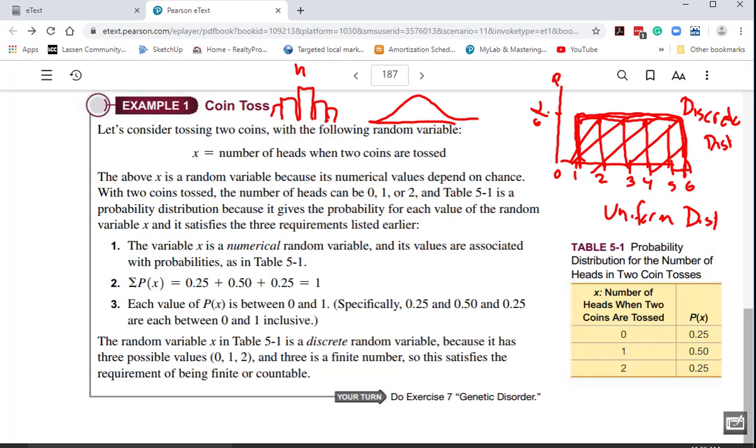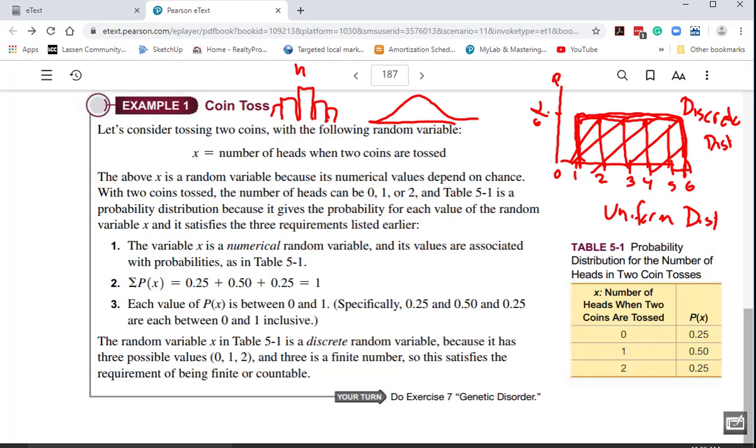Okay. Any questions on discrete and continuous? I know you've been exposed to this before in the earlier chapters of different distributions, but now we're going to get into using it to get our probabilities of events occurring from our random variable, which is not truly random. It's falling with a certain structure. Does any of this make sense, what I'm saying?